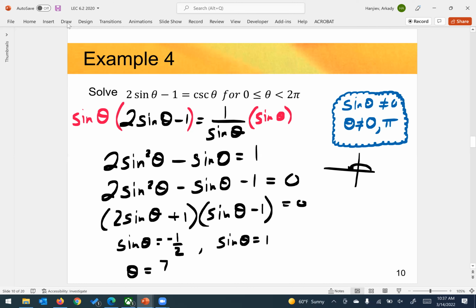So yep, 7 pi over 6. And then you're just a little bit shy of 360 degrees or 2 pi. So 11 pi over 6 for that one. Sine of 1, that is pi over 2. Okay, we're good there. 7 pi over 6 is 210 degrees. 11 pi over 6 is 330.